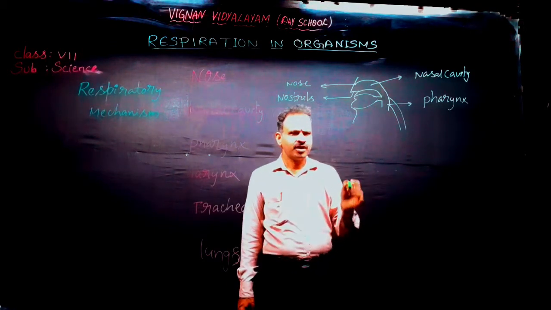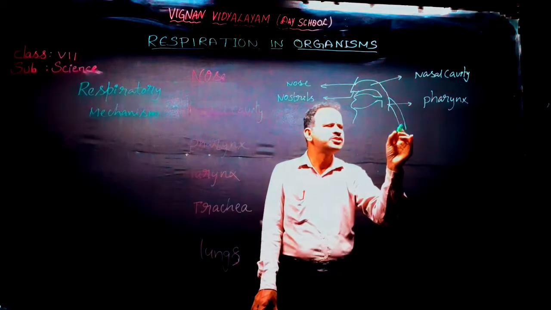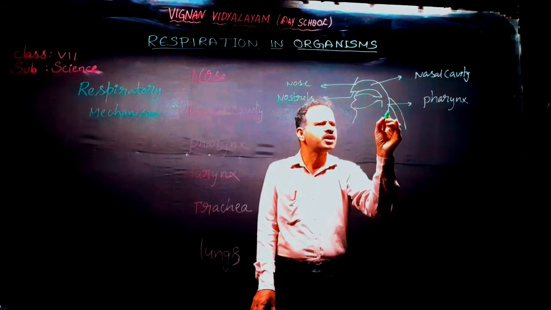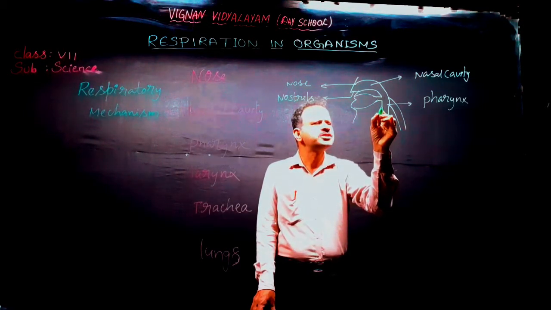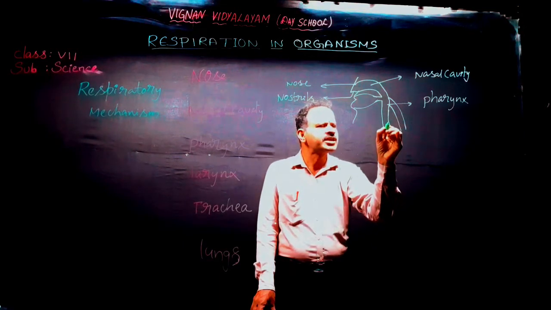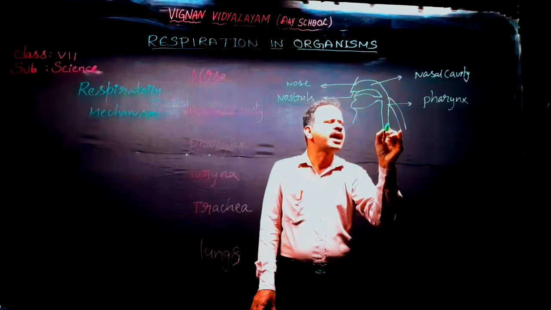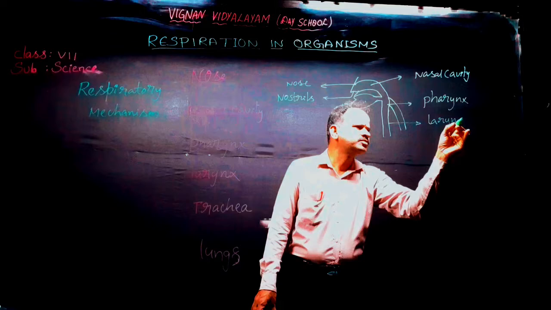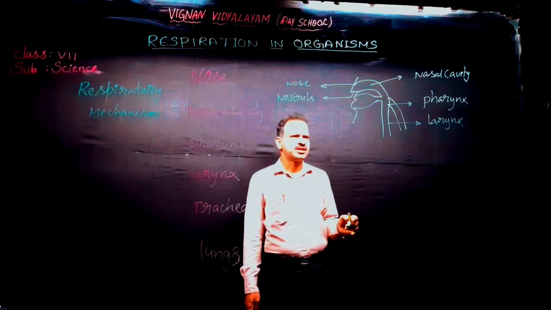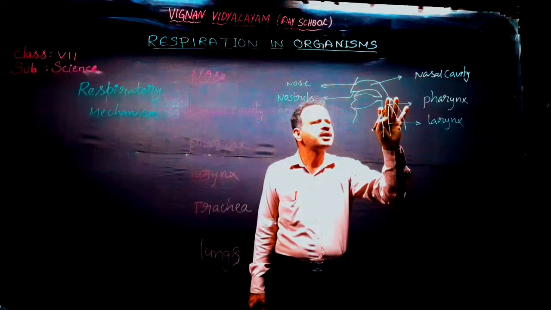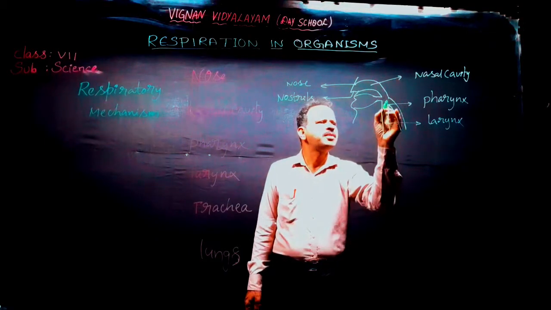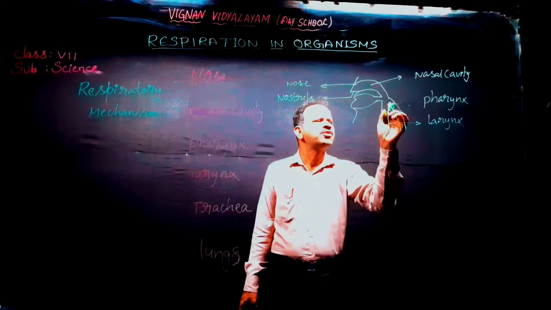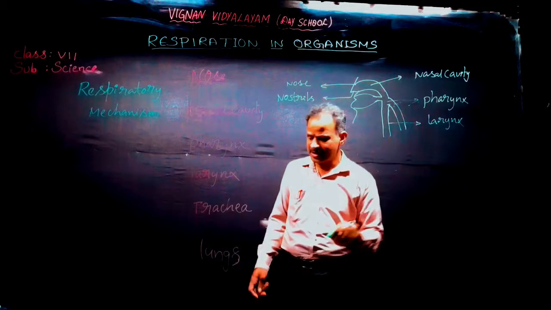In the digestive system, the pharynx opens into the esophagus. But in the respiratory system, the pharynx opens into the next part, that is larynx. This pharynx is the common junction for both food and air passage.